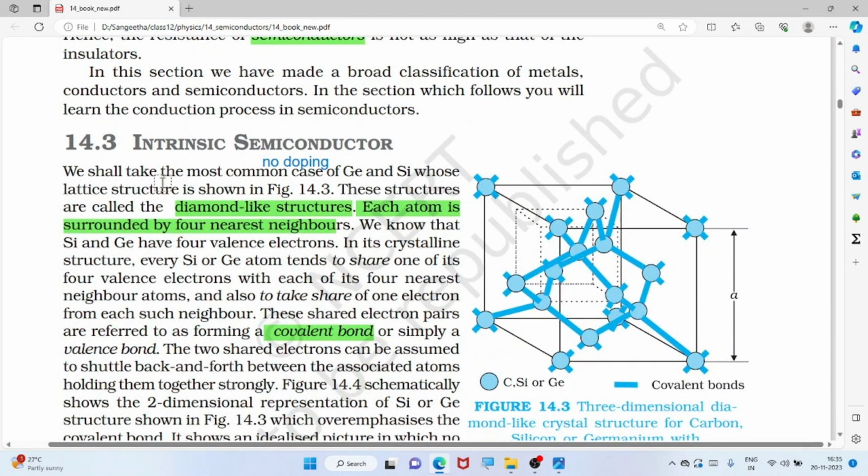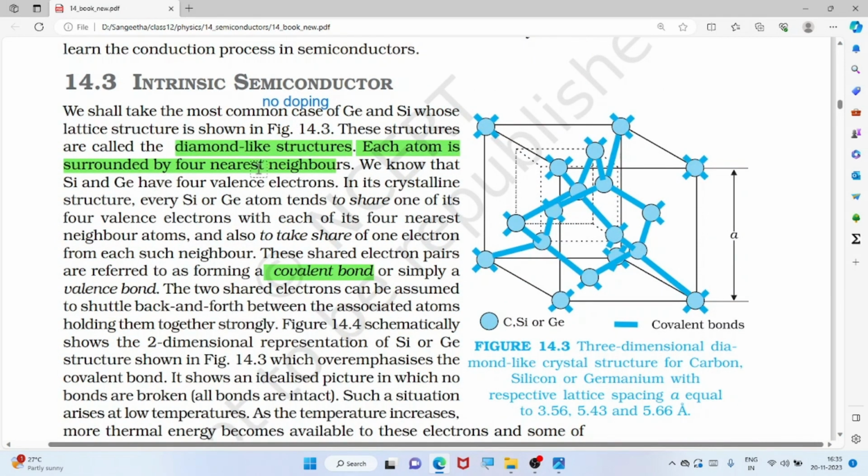Intrinsic semiconductor is a pure semiconductor without any impurities, that is, no doping added. Each atom is surrounded by 4 nearest neighbors. This is the lattice structure.